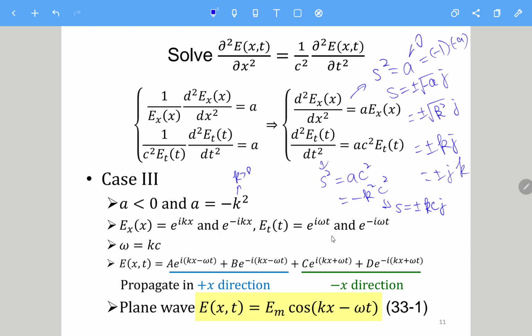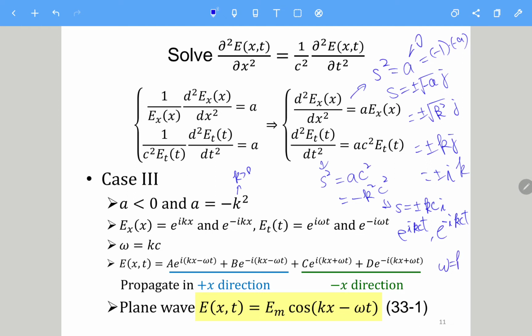But here, rather than writing it as exponential to j kct and exponential to negative j kct, we write it as exponential to j omega t, which means that omega is kc.